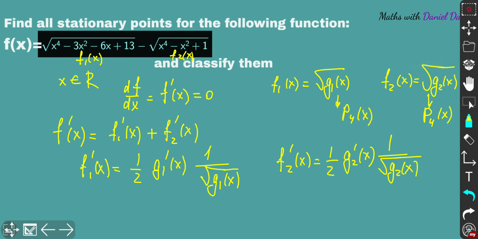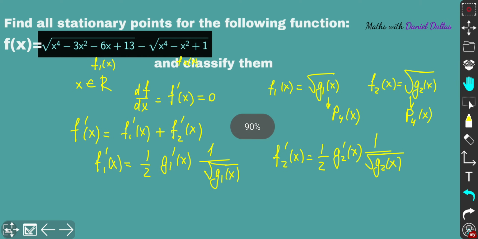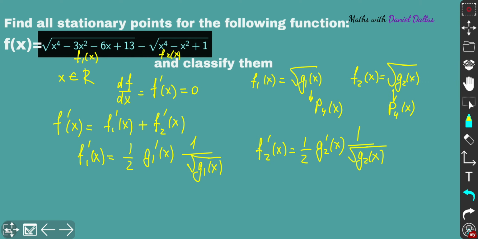So what we need to do now is state the derivative of each g function. g1 prime from x is equal to what we get by differentiating under the square root in the first radical: 4x cubed minus 6x minus 6. What about the second one? g2 prime from x is, sorry, my bad, 4x cubed minus 2x.